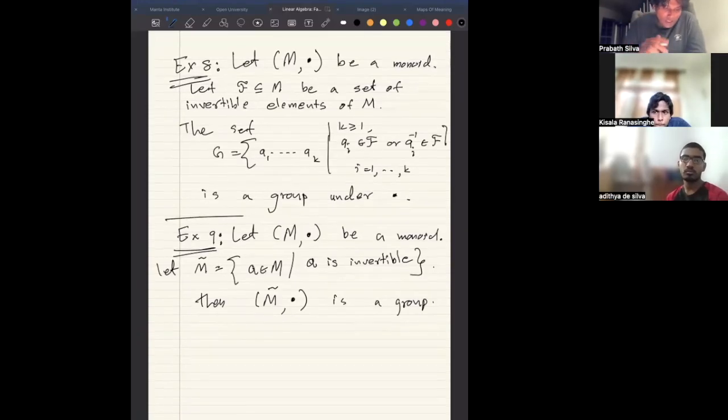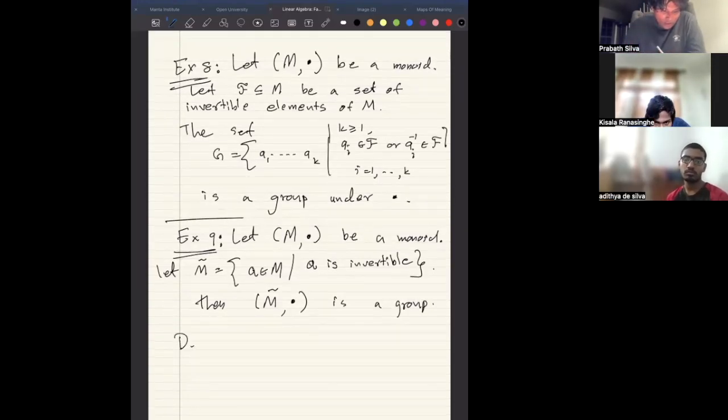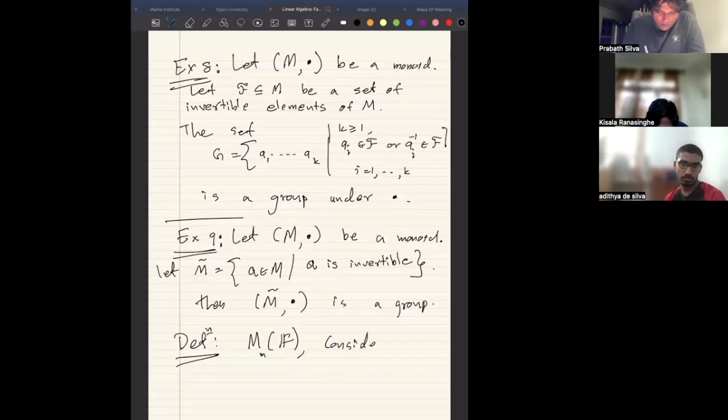Now in here, in other words, if we take n by n matrices over, let's say, R or C, you consider invertible elements, invertible matrices.